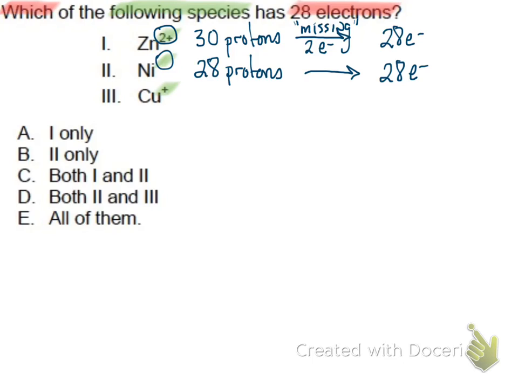Let's look at the last one. Copper. Copper is element 29. That means that there's 29 protons. It also has a +1 charge, which means that it is missing 1 electron.